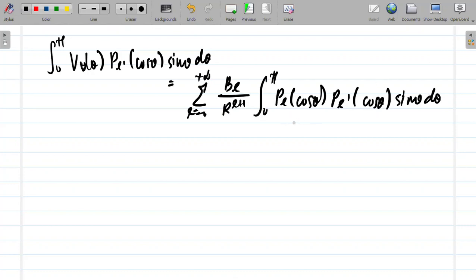So, again, ano to, di ba? 2 over 2L plus 1. So, we get BL prime over R to the L prime plus 1, 2 over 2L prime plus 1. So, shinortcut ko na lang ano to? May Kronecker delta ulit to. Tapos, matitira lang yung L prime.